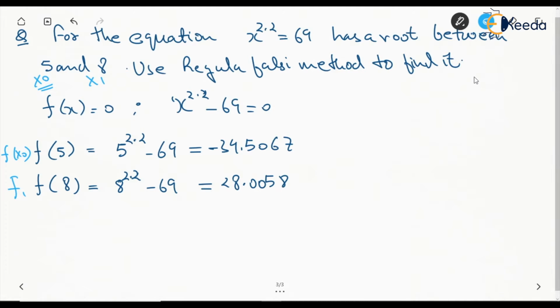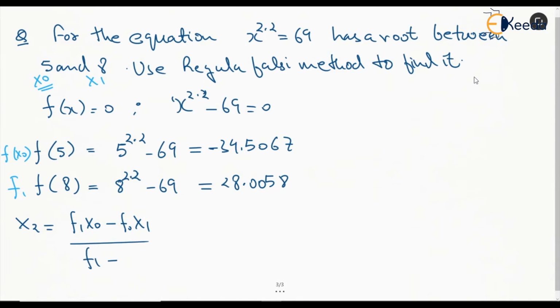Now we will have to find the value for the first iteration, which is x2 equal to f1 x0 minus f0 x1 divided by f1 minus f0. So f1 is 28.0058 into x0 is 5, minus f0 is minus 34.5067 into x1.